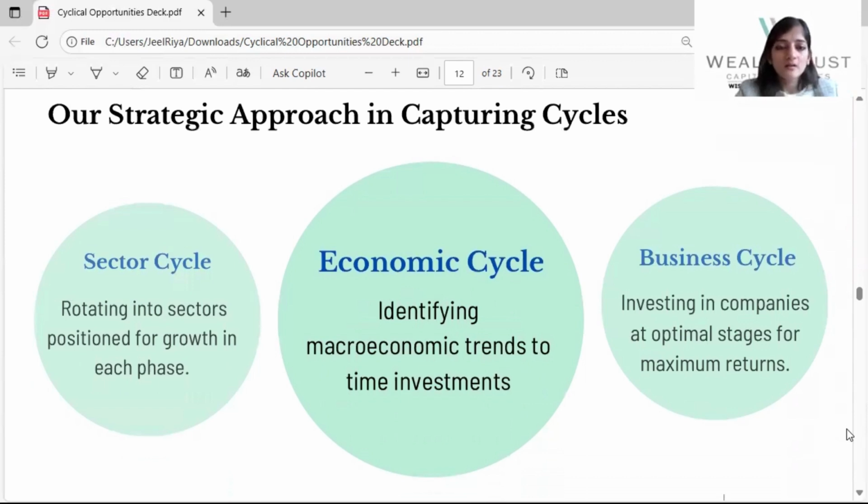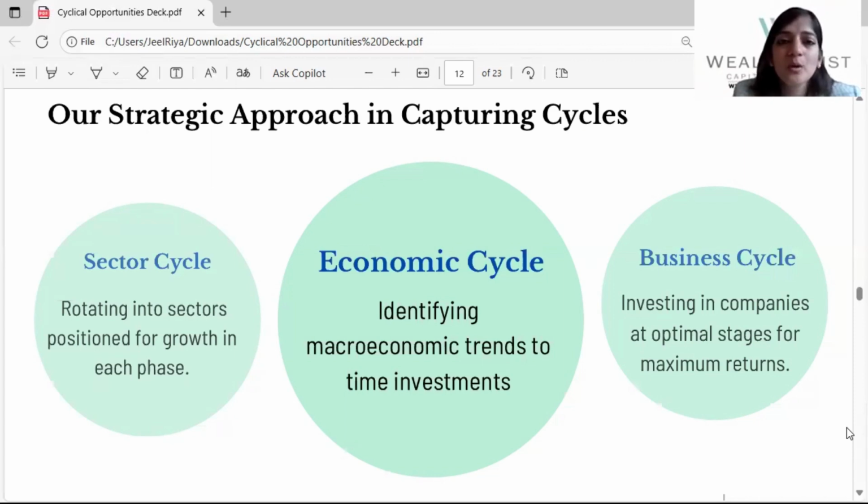As I said, the main thing of this cyclical opportunities fund is that we look at three main cycles: the economic cycle, the sector cycle, and the business cycle. Once we have figured out the overall economic cycle, we look at which sectors have more potential for growth. Even in a boom market, when most things do well, some sectors will do better than others.